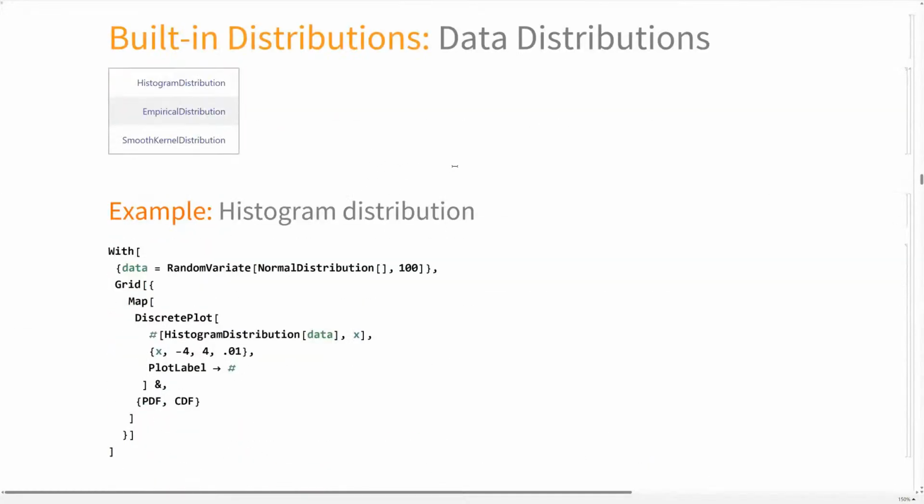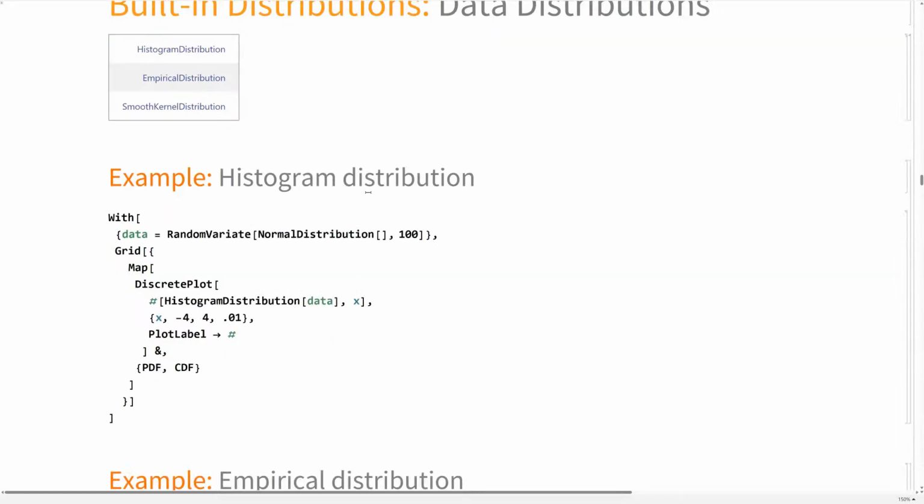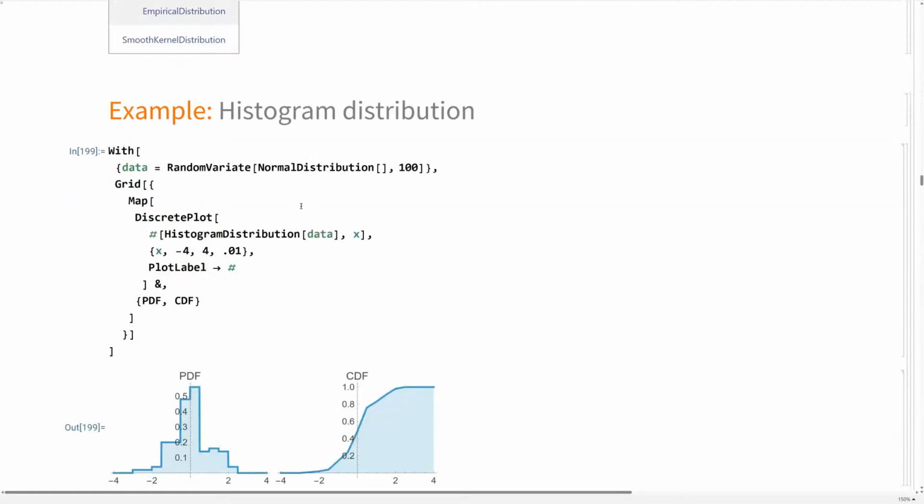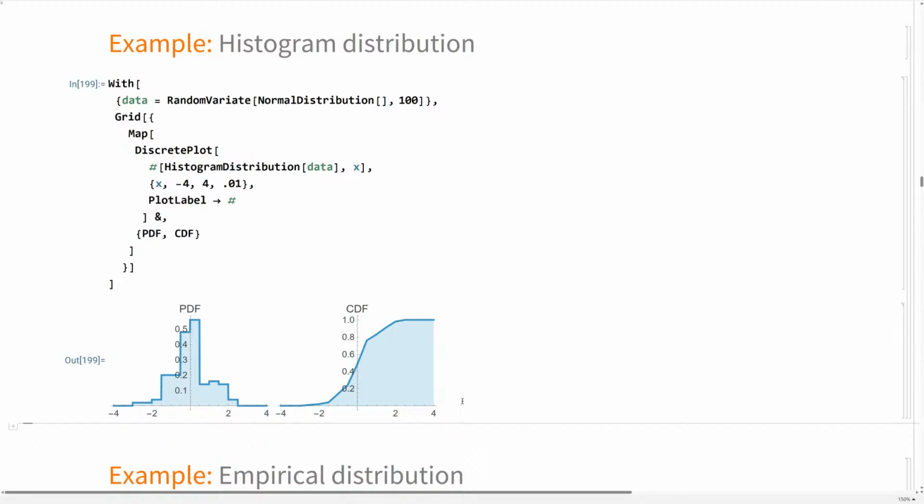All right, the next example is some data distributions, starting with the histogram distribution. It needs a second because it's generating 2 pictures, and we can see the PDF and CDF shown together.